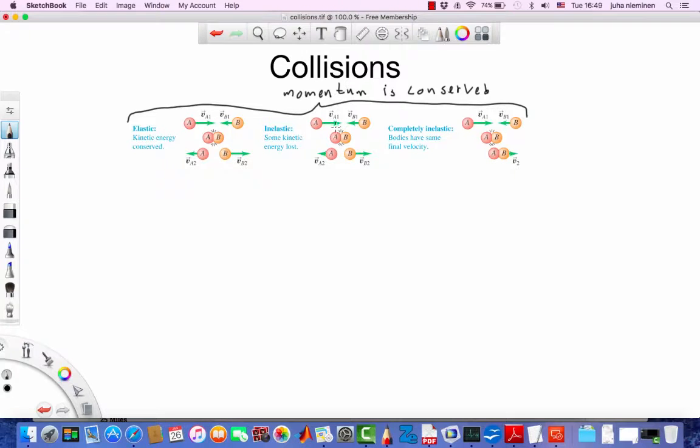And the problem here is that in inelastic collision, the energy is not conserved either. So some of the kinetic energy of the objects is lost in the deformation during the collision, and the deformation is not recoverable.